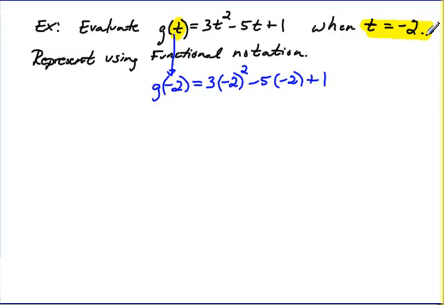Good. Guess we should use order of operations. We don't have to play on the left, guys. This is all one thing. This is just my function where negative 2 is the input. That's all that means. So I'm just going to look at the right-hand side. Negative 2 squared, what do I get?